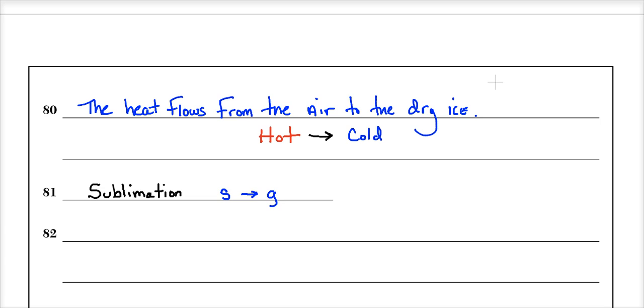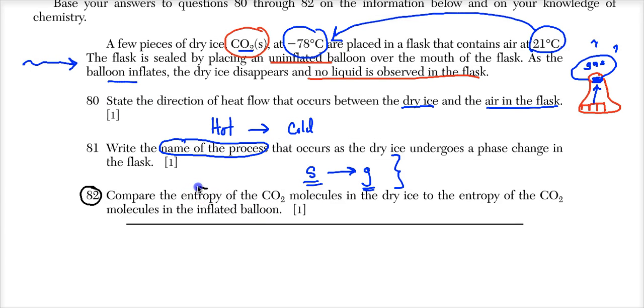Number 82. So number 82 states, compare the entropy of the CO2 molecules in the dry ice, which we know is the solid, to the entropy of the CO2 in the inflated balloon. Well, we have to know that in the inflated balloon, we're dealing with a gas. So how do we compare a solid to a gas?